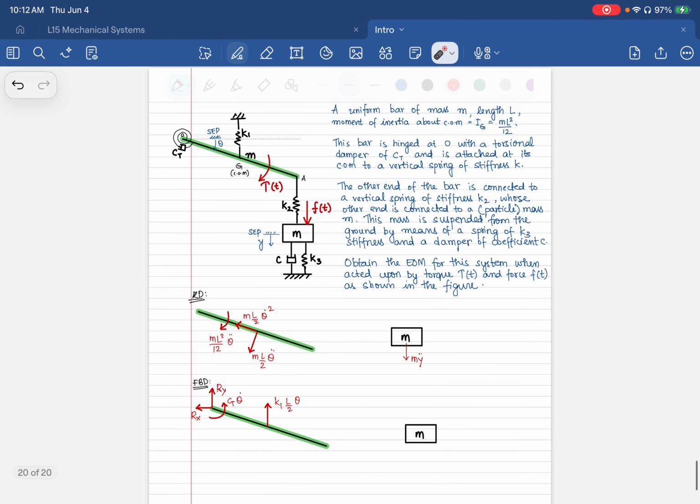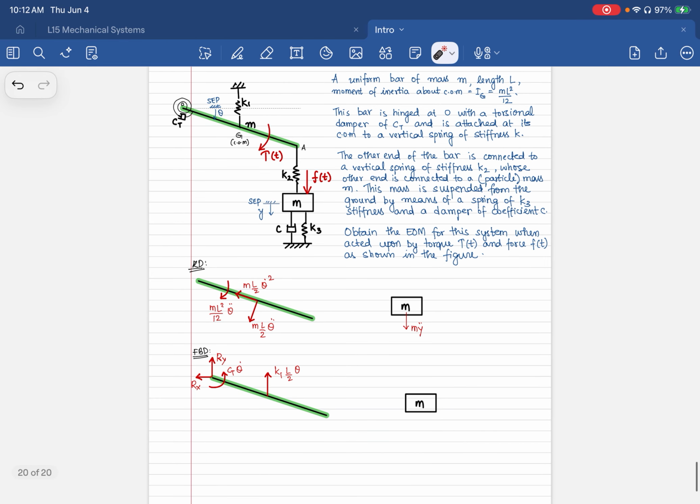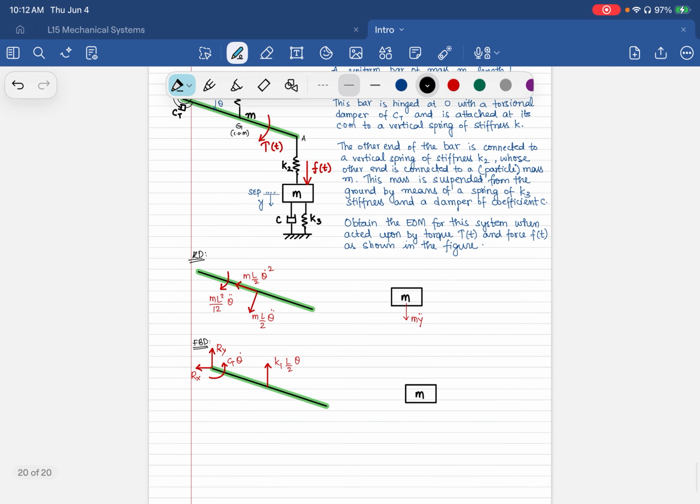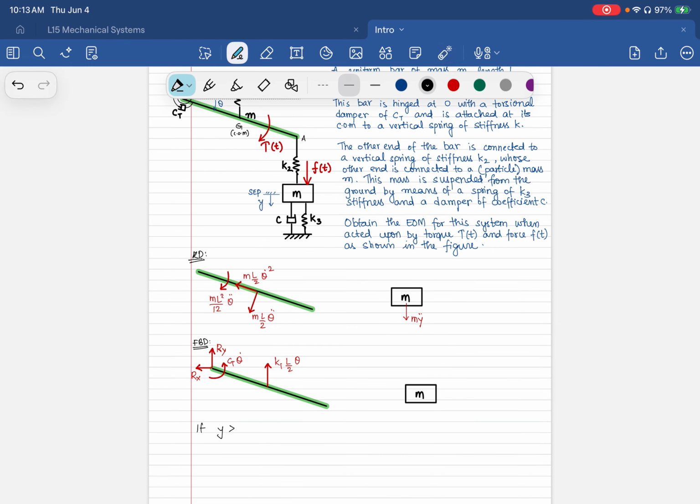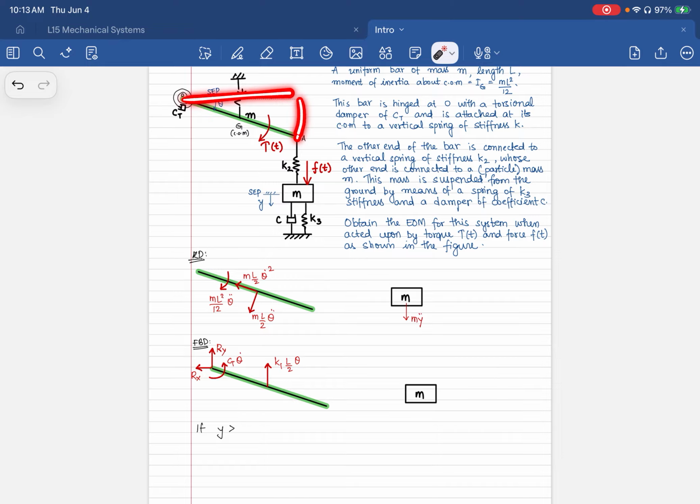Okay, this spring here is now related between this mass and this, so I do have to take into account some assumption. So let me write that down. For spring 2, let's say that this y is more than how much this moves. So if y is greater than, how much does this move? It would be the arc length again, so it's L theta.